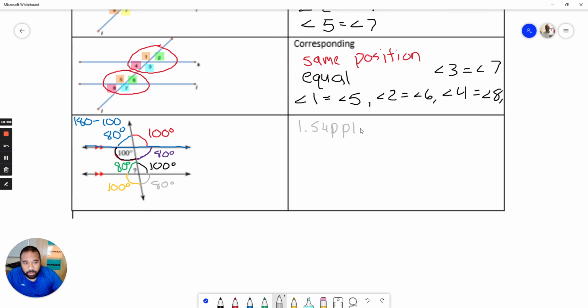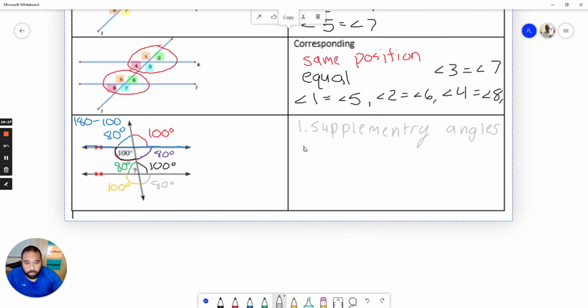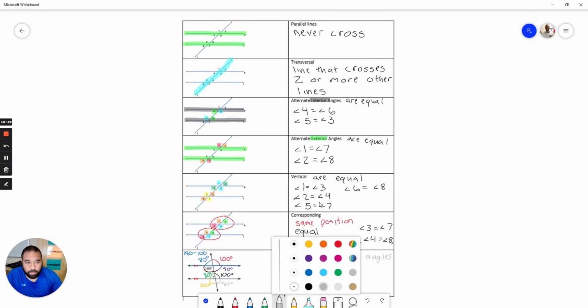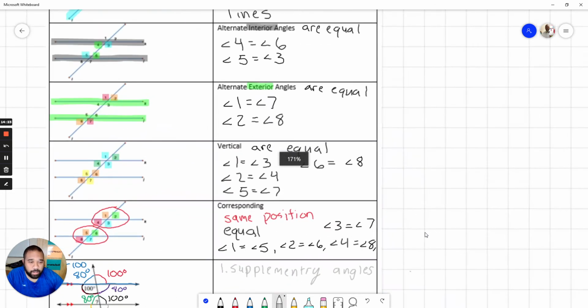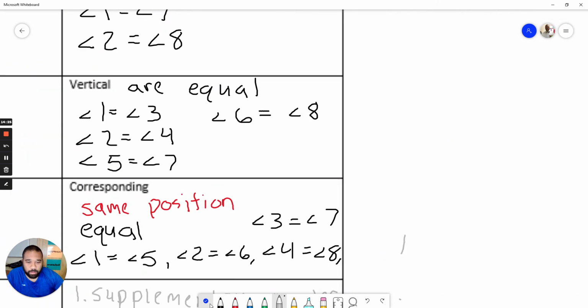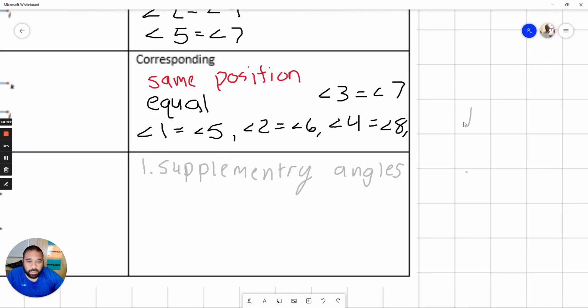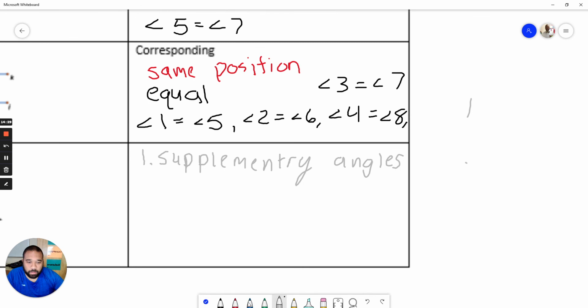supplementary angles. So you can use supplementary angles. You can use vertical angles.